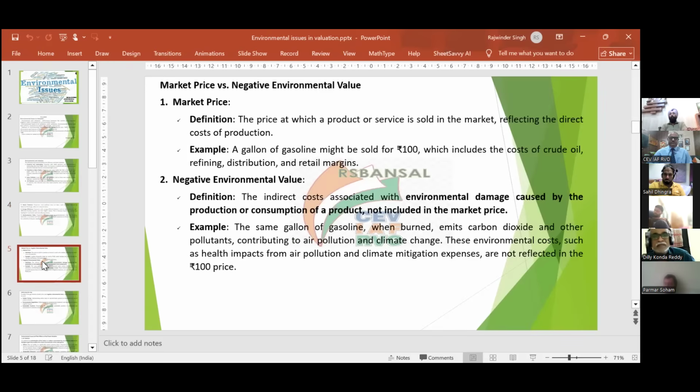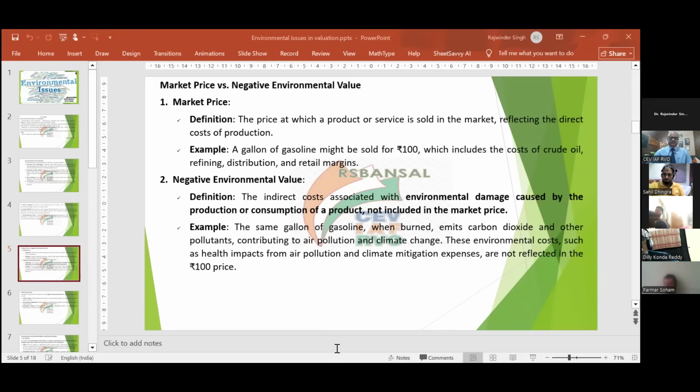So as a valuer, you must understand how the environmental factors may negatively affect the value of the asset of which you are going to do the valuation. First thing, you must be conversant with market value.